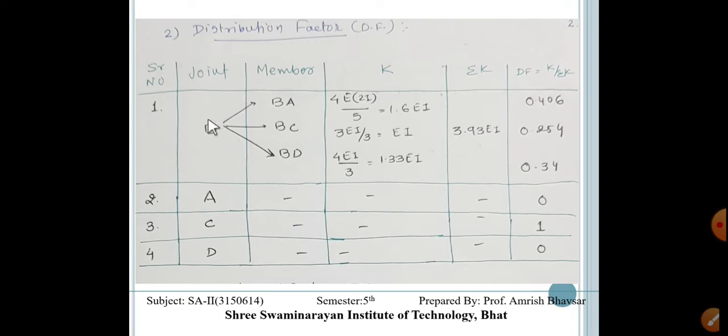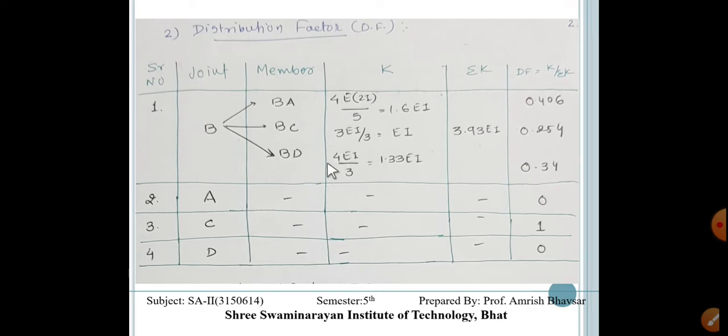So here, joint B. Joint B is connected with BA, BC and BD. BA is a fixed beam, meaning it is 4EI by L, and that is 2EI, so we will get 1.6EI. From B to C it is a hinge, meaning it is 3EI upon L, so that is only EI.